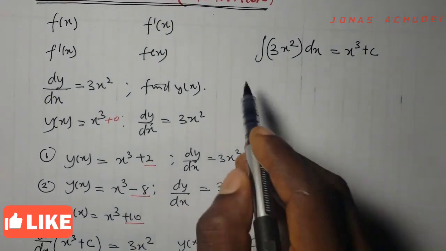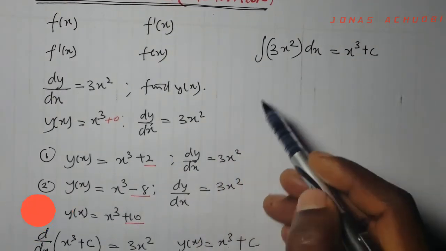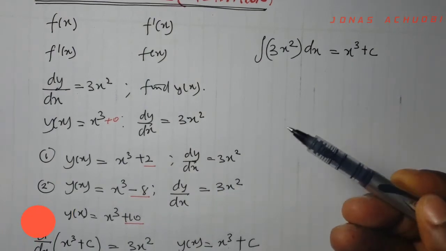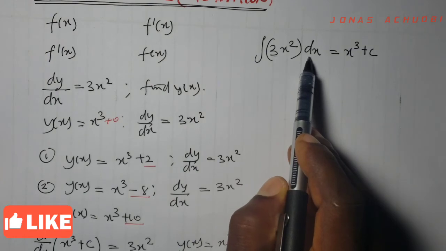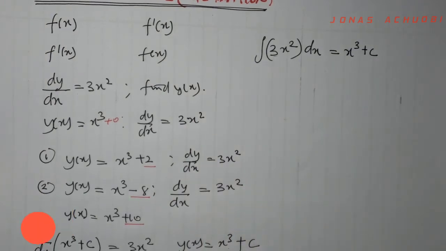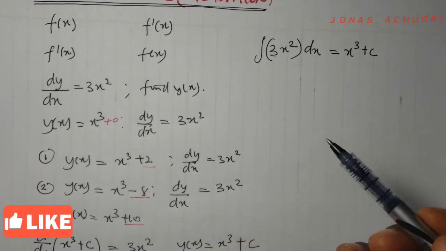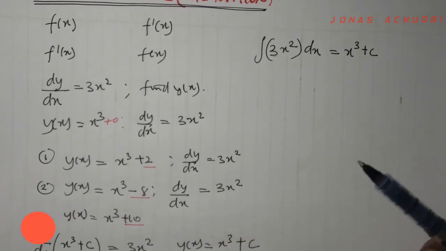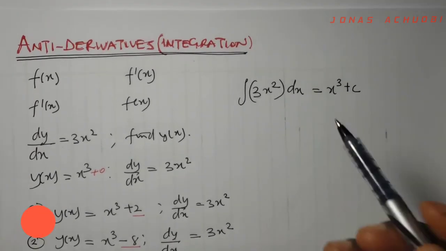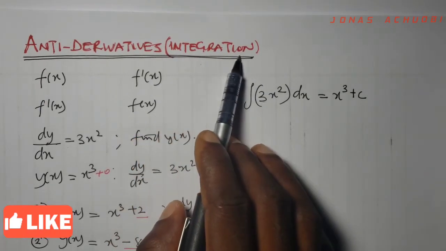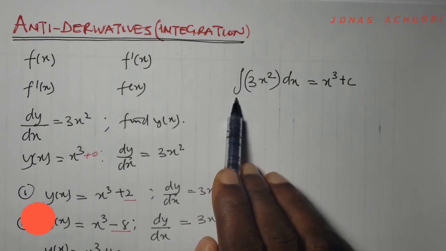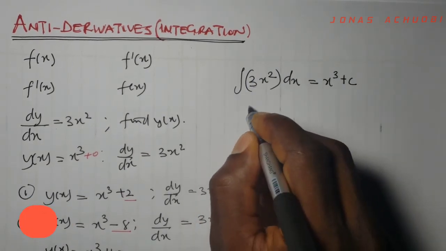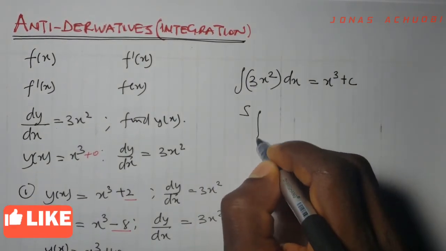So, integration generally, so when you try to find the antiderivative of a function, like this function 3x squared, with respect to x, we now say that you are integrating the function. So, the process of finding the antiderivative of a certain function is what we refer to as what? As integration. So here we would read that the integral, this elongated s symbol is letter s, but now it's elongated, is like this.